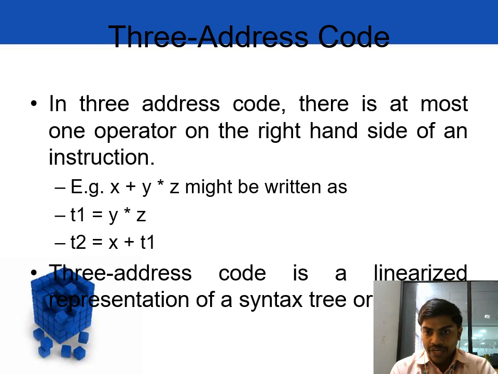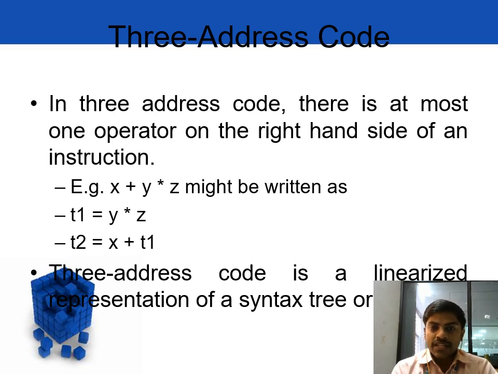So there are two operators and there are three operands that can be available in a three address code, and that is why it is called three. A maximum of three addresses can be used, three variable names can be used in this intermediate code or intermediate language. Any larger expression should be divided into such three addresses so that the machine code generation is easier.